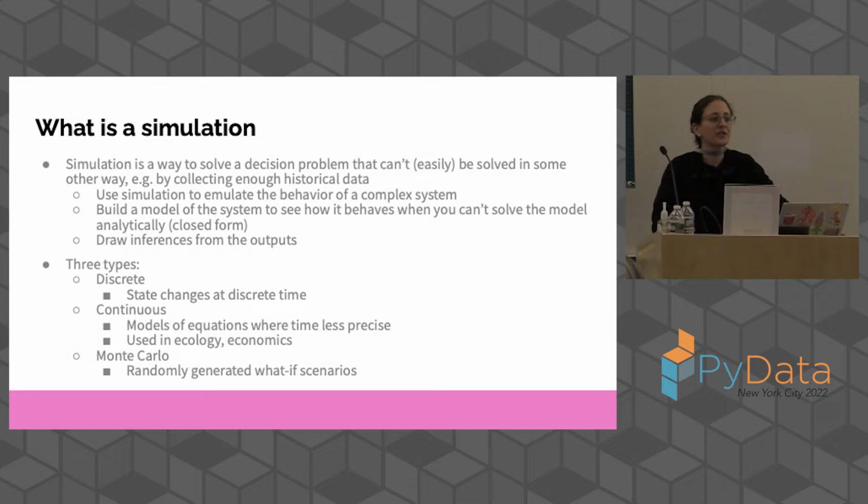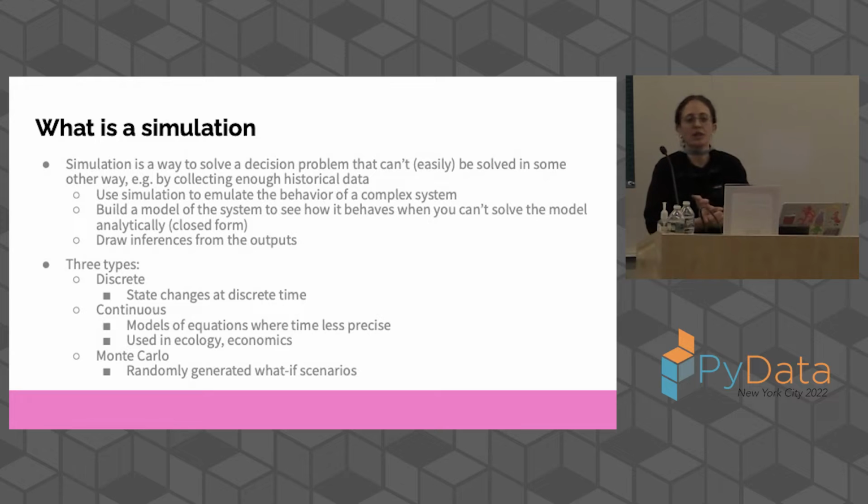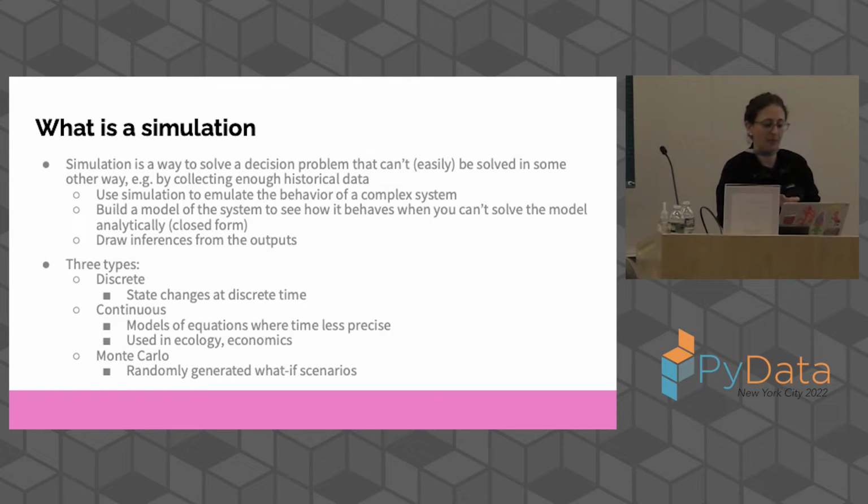Simulation is a way to solve a decision problem that we can't easily solve some other way. That's super helpful. What I mean by that is maybe we can't collect enough historical data, or we can't find a closed form solution, in order to make a decision about actions that we should take in our system.